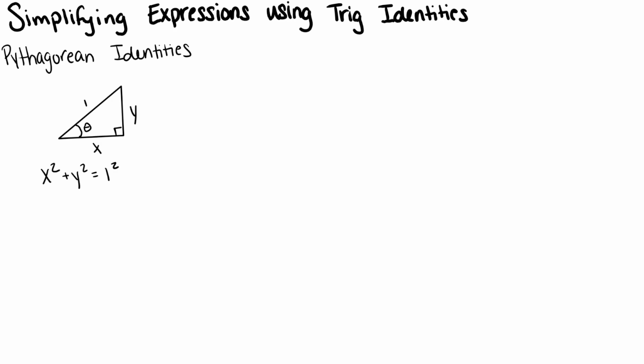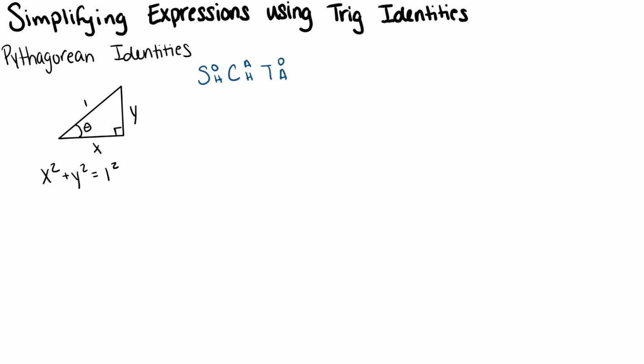Now, if we remember with our trig functions, our SOHCAHTOA, or how we can find our sine, cosine, and tangent of our angles using our side measurements, we know our sine is opposite over hypotenuse, our cosine is adjacent over hypotenuse, and our tangent is opposite over adjacent.